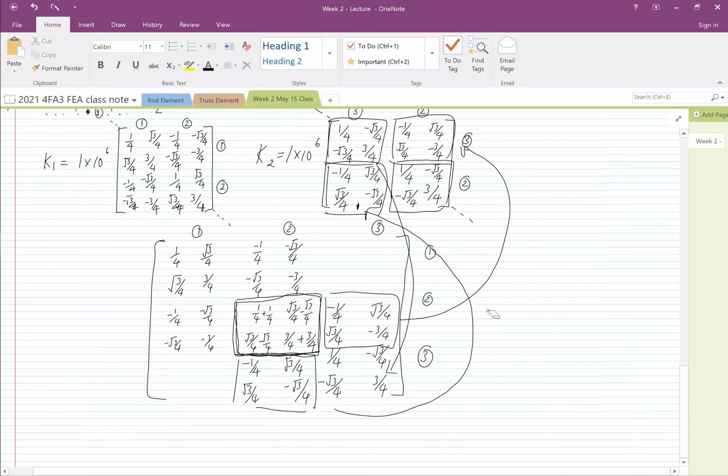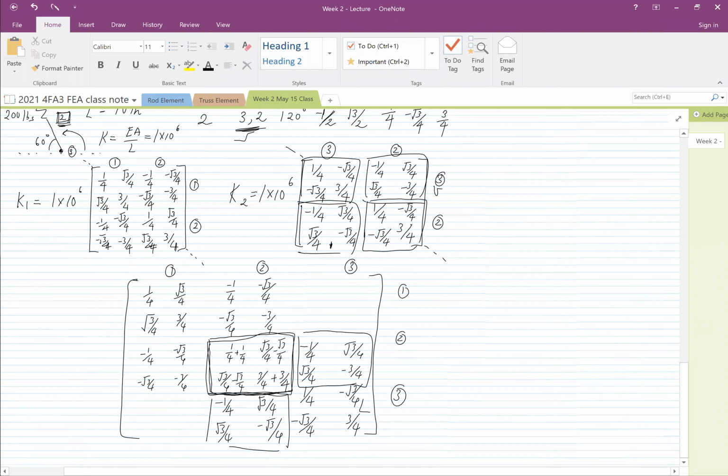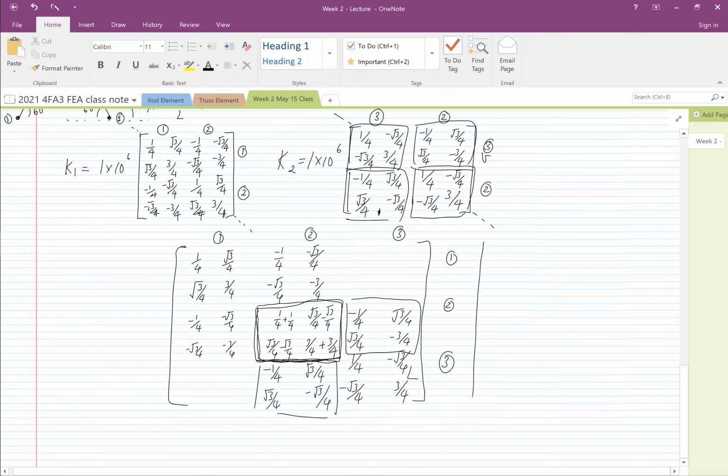All right. Do you mind if I erase the line? Because I want to draw the vector force. Sorry, the displacement vector. What is the displacement vector for the truss matrix? Because each one has the nodes, right?